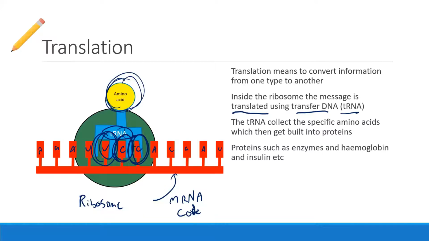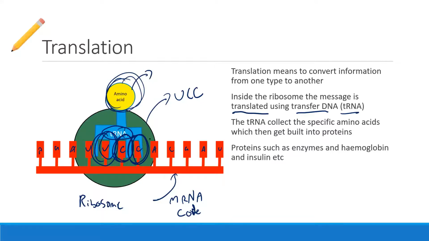And when it reads those bases, if it sees the 3 bases that it's looking for, let's just say UCC, it will release a particular amino acid.